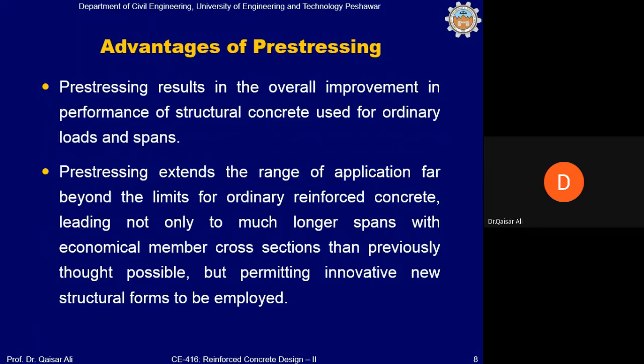Therefore, the heavy members in reinforced concrete are required in order to minimize deflection. So as you have seen in this case, prestressing can completely eliminate the deflection and tensile stresses. We can use much economical cross sections in the prestressing members, even for longer spans as compared to reinforced concrete.